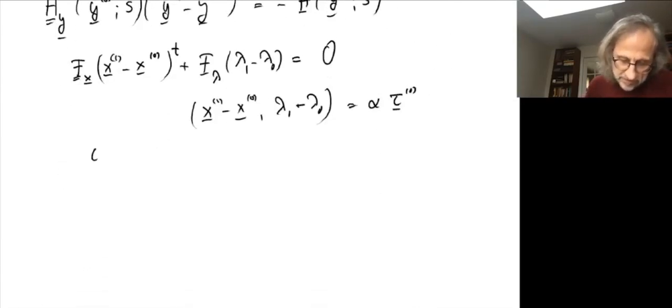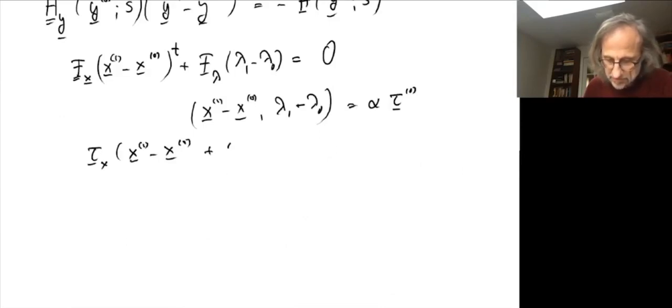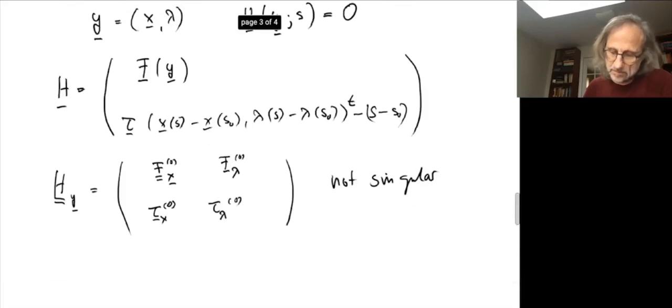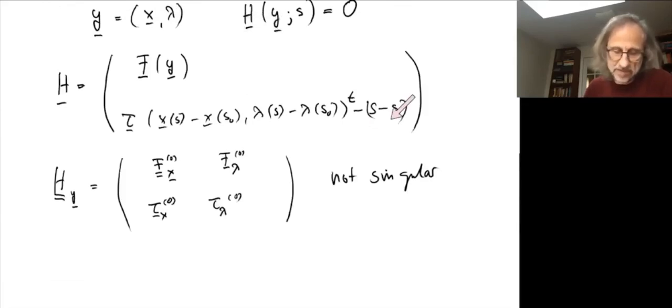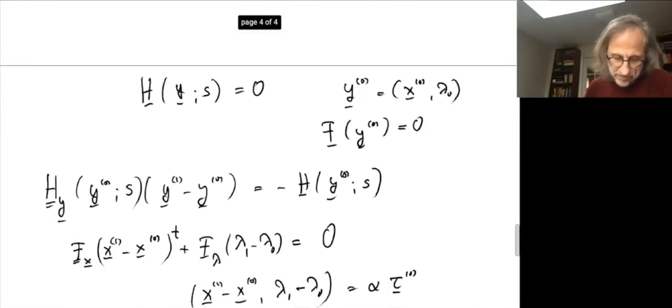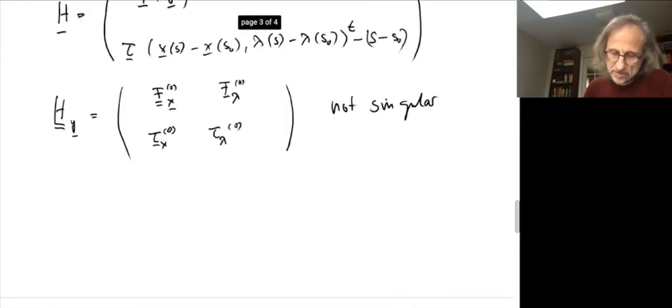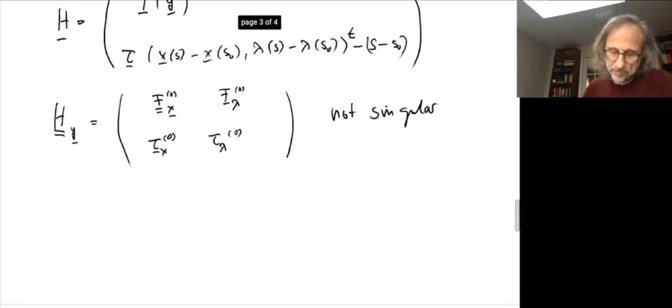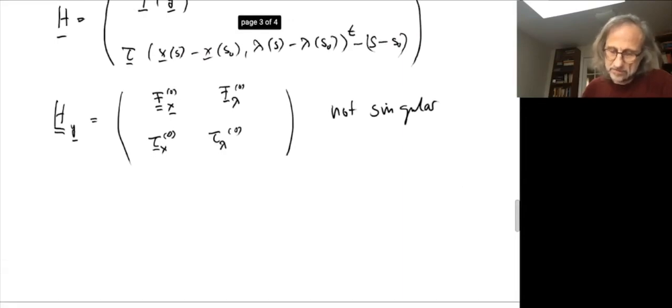We get tau x times x1 minus x0 plus tau lambda times lambda 1 minus lambda 0 is equal to minus h, and minus h is this term evaluated at x of s0 and lambda of s0.